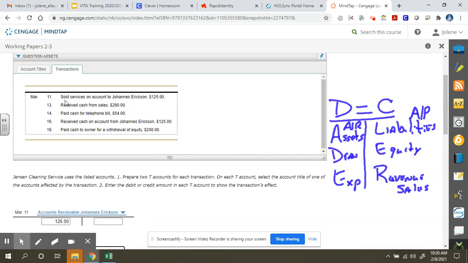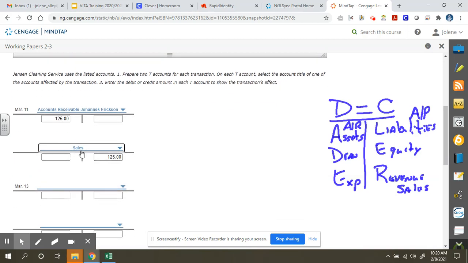I want you to recognize that sold is the past tense of sale. Throw some English in here, right? Also, over here on your DC Adler, the R is revenue, when it increases on the credit side. That's another reason why we have to put sales, and it goes on the credit side because sales is increasing.